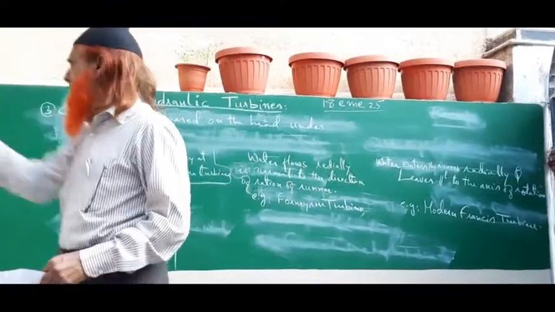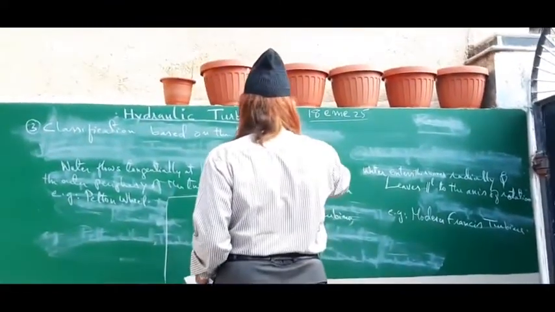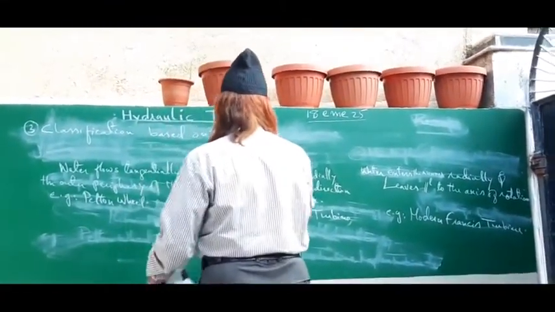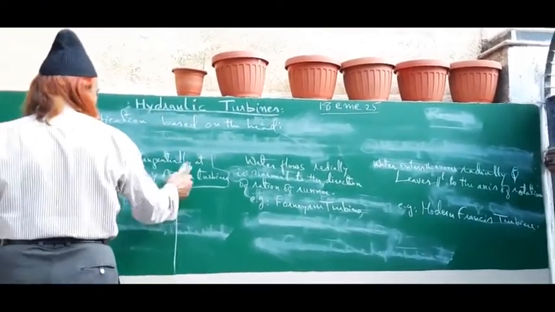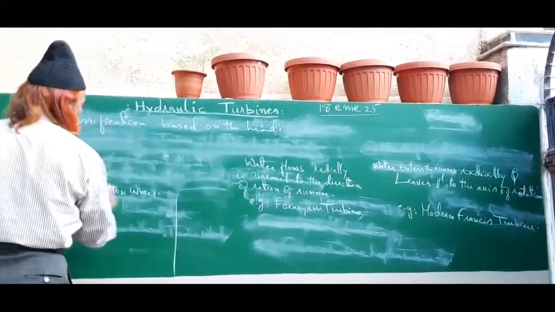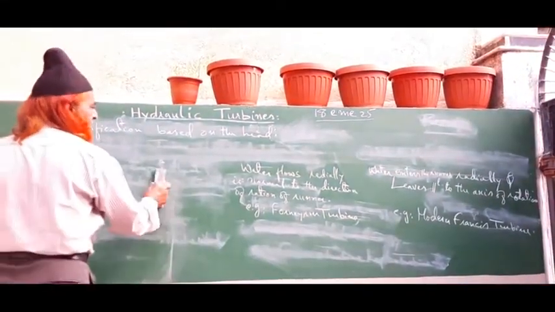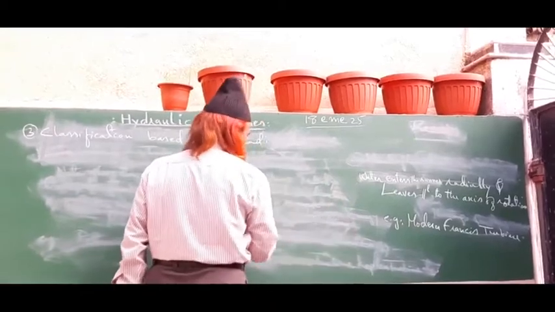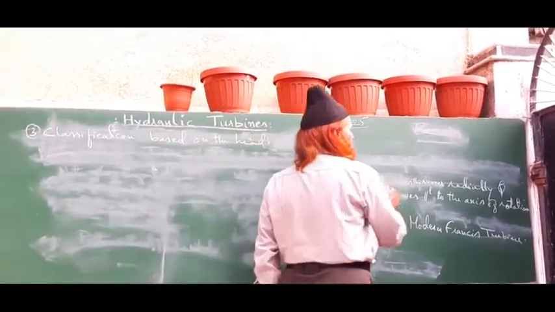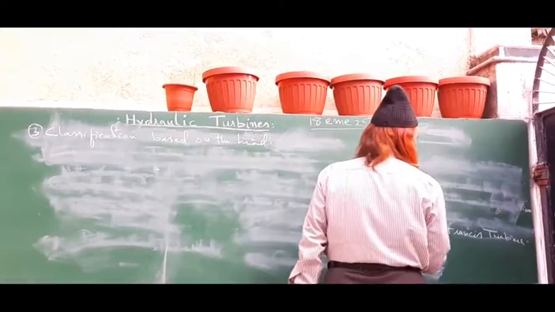Based on the head, what is that? Here we can take down again the three types: high head, medium head, and low head turbine. High head turbine, medium head turbine, and low head turbine.